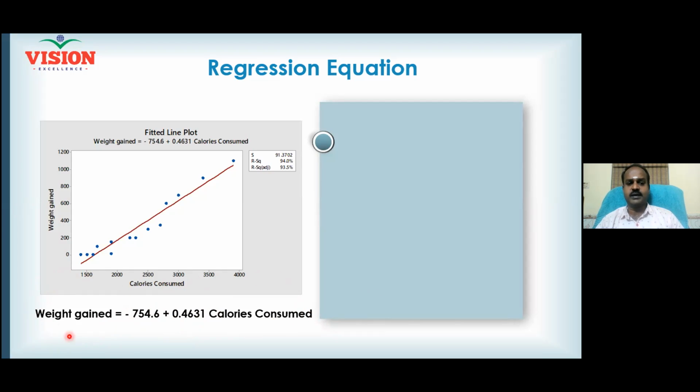This is your response variable, this is your predictor variable, and this is called the constant term, right? And now regression can indicate the direction of the relationship, and can indicate the size of the relationship. See here, how regression can indicate the direction of the relationship.